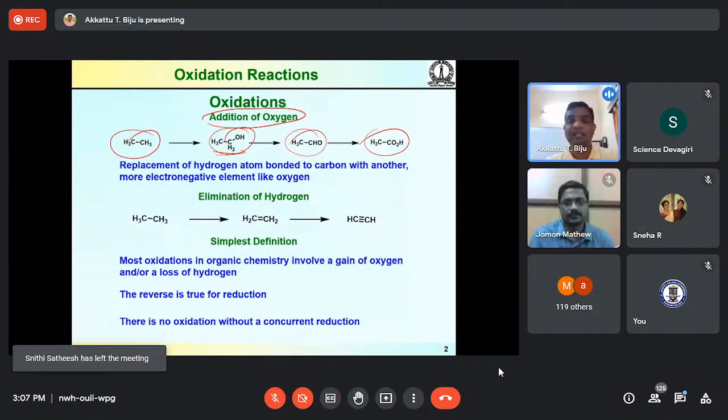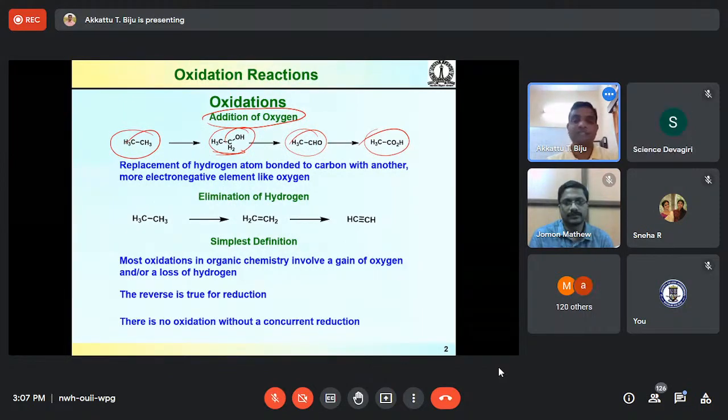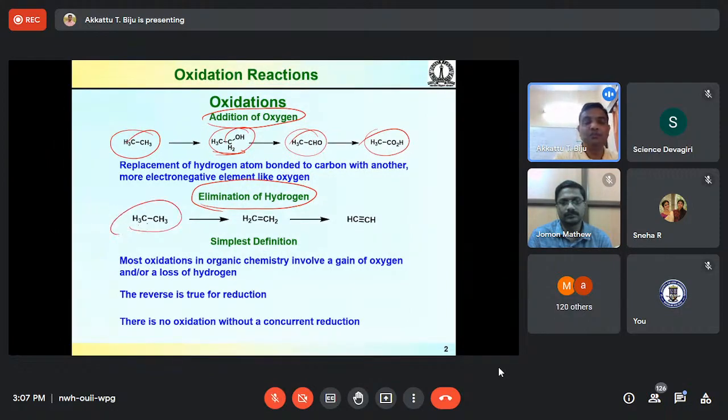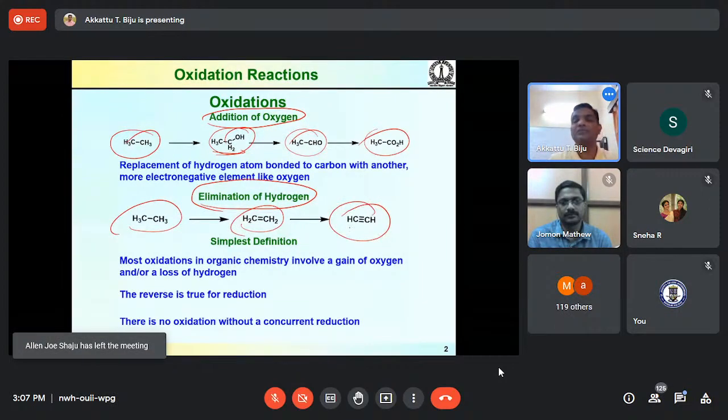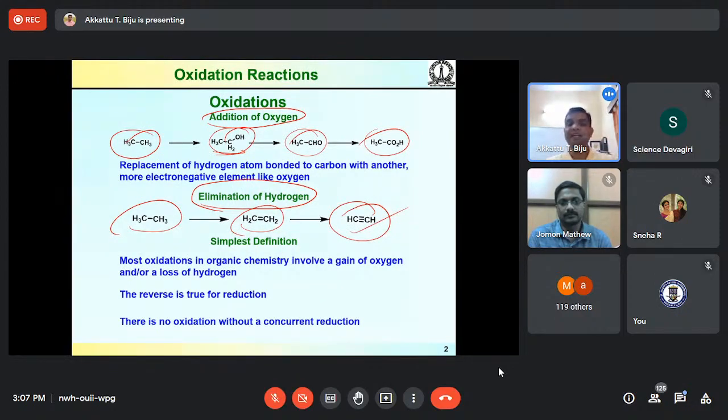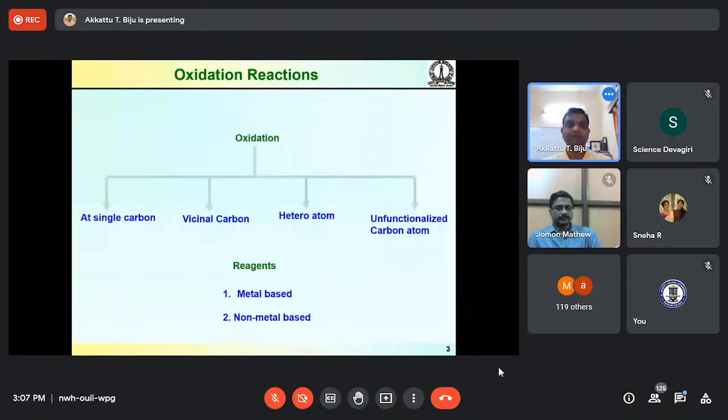So oxidation can be an addition of oxygen, or in other words, we also define it as the removal of hydrogen. If you take ethane, you remove 2 hydrogens to form ethylene, or again 2 hydrogens to form acetylene. These are all oxidation reactions. So oxidation in general is either the addition of oxygen or the removal of hydrogen.